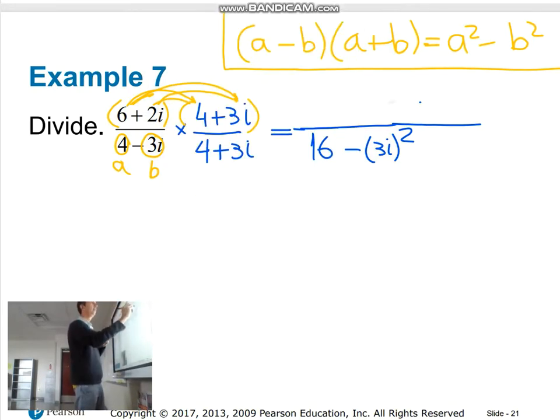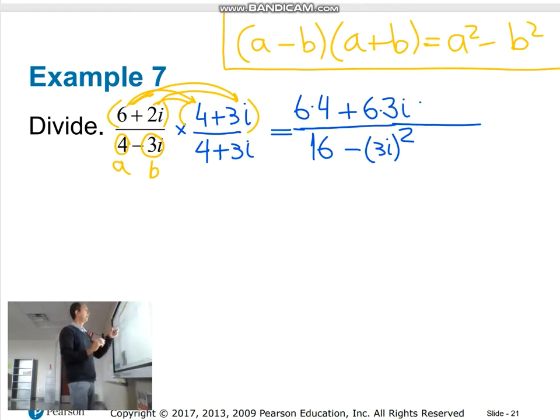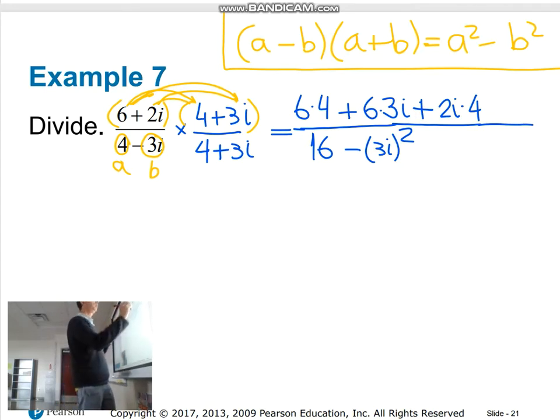This is something we learned in high school. First, 6 times 4. Outer, 6 times 3i. Inner, 2i times 4. And last, 2i times 3i.